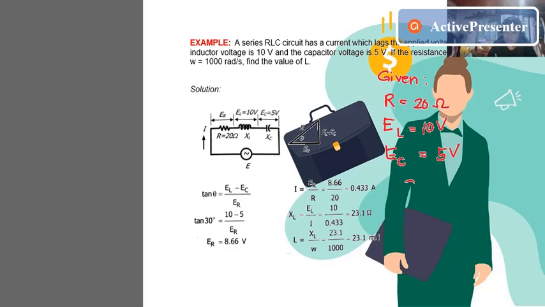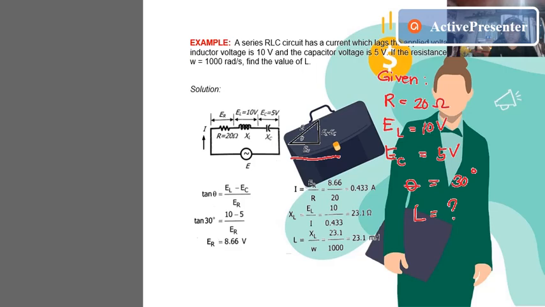Then it gives an angle of 30 degrees. So the unknown is L, the value of L. So we need to use our triangle, since it gave an angle of 30 degrees.